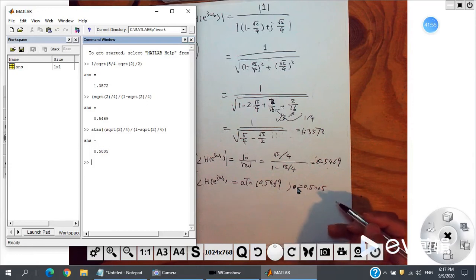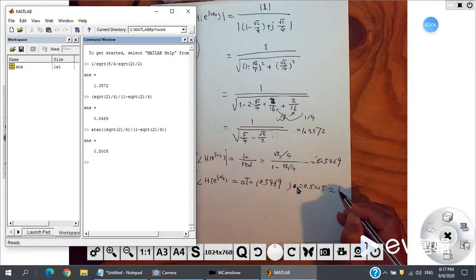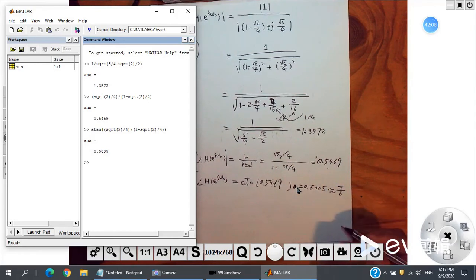Okay, how many pi's is this? Pi is about 3, so it is something like pi over 6. If I divide 0.5005 by pi, what is it?